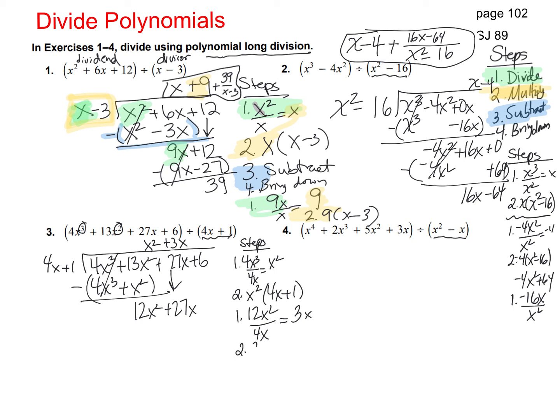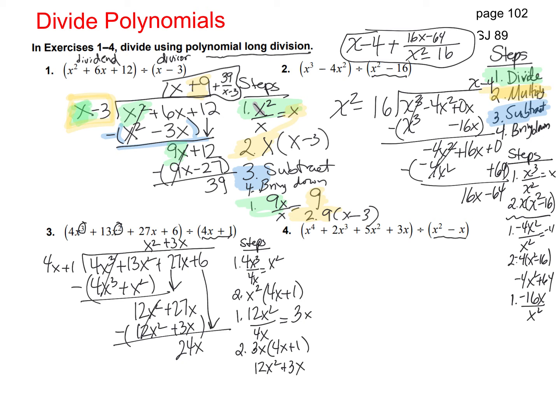I'm going to multiply 3x times 4x plus 1. 3x times 4x is 12x squared. 3x times 1 is 3x. Subtract. 12x squared minus 12x squared cancels out. 27x minus 3x is 24x.